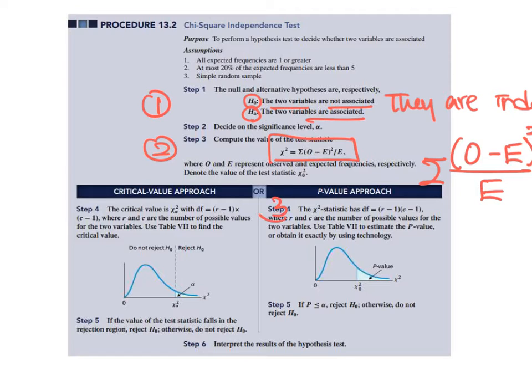In step 3, we take the p-value from the right tail, but the degrees of freedom for the chi-square distribution is not just c-1, but (c-1) times (r-1). So the number of columns minus one, times the number of rows minus one, will be the degrees of freedom. Then we make the decision and the conclusion. These are the 5 steps of the independence test.